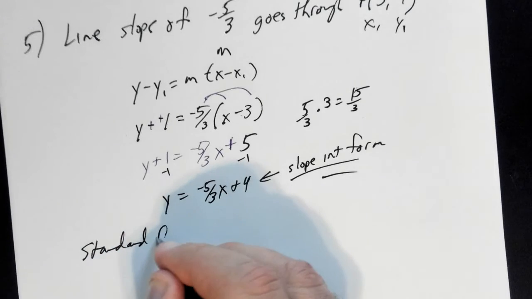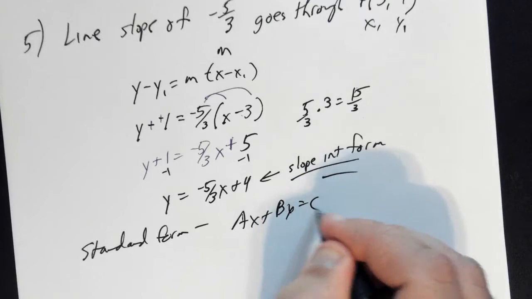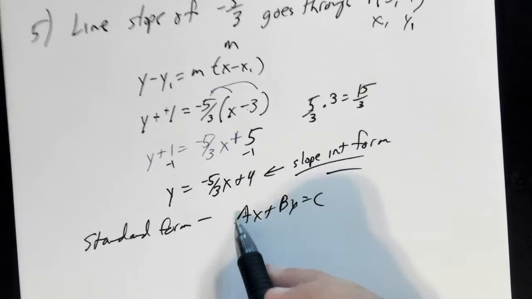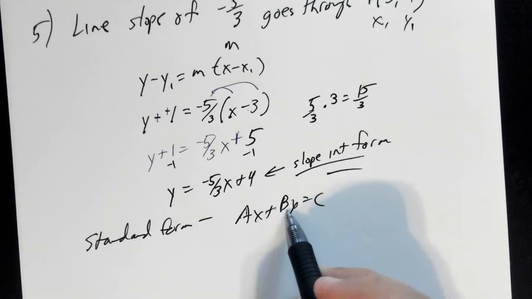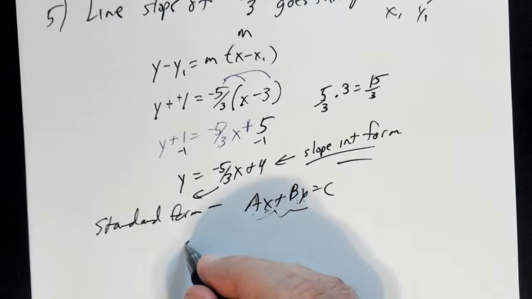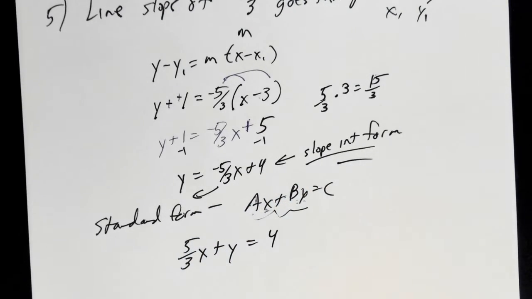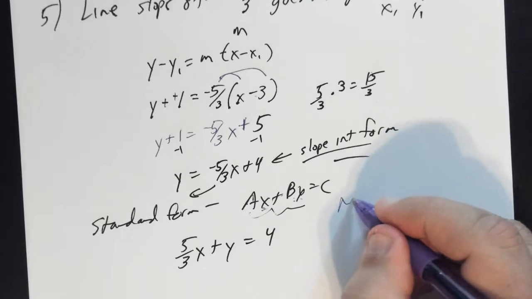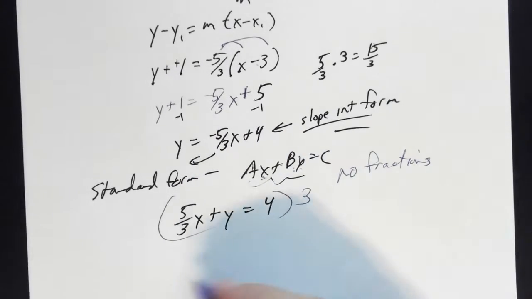But standard form, we've talked about standard form. Talk about it again. It is ax plus by is equal to c. Remember, all these have to be whole numbers. So I just have to get the x's and the y's on the same side. So I'm going to move the x over. 5/3 x plus y is equal to 4. And then remember, no fractions, so we're going to multiply everything by 3.